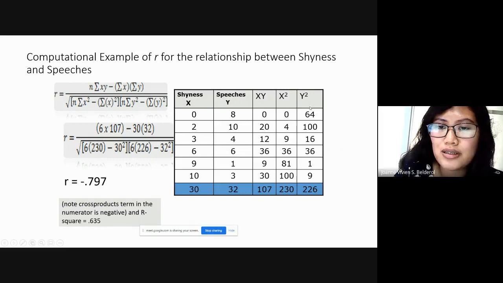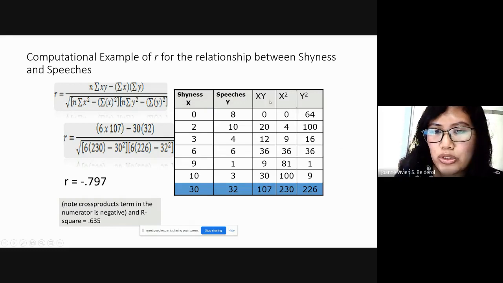After x squared, you compute y squared. So 8 times 8, 64; 10 times 10, 100; 4 times 4, 16; 6 times 6, 36; 1 times 1, 1; 3 times 3, 9.